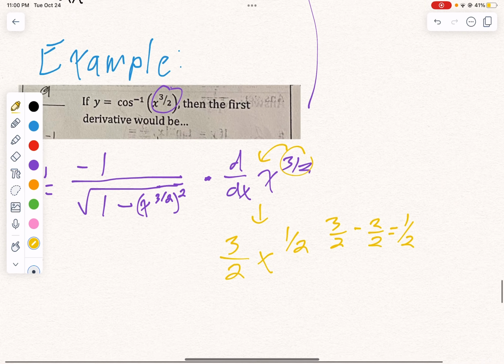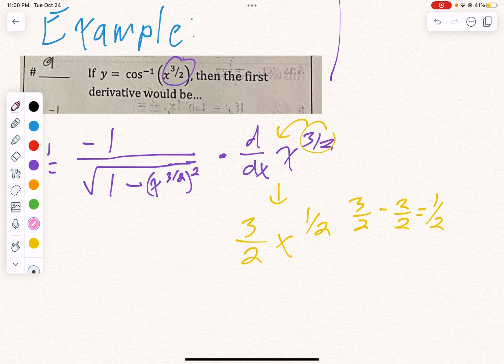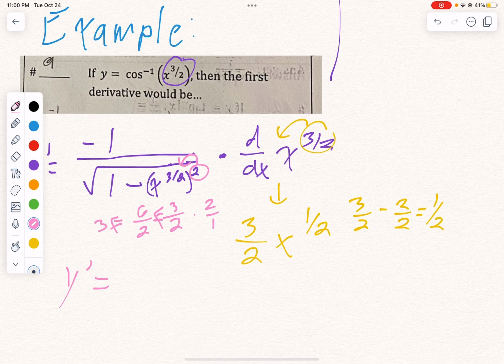All right, and so we're going to go ahead and rewrite this whole thing to be hopefully a little less confusing. So y prime equals, with this here over here, of course, just basic exponent rules from algebra 1. We know that this will just multiply with each other to be 3 over 2 times 2 over 1. And that would give you 6 over 2, which is basically the same thing as saying 3. So that would be negative 1 over 1, let's move this down.